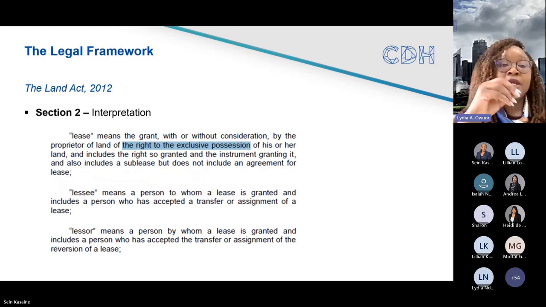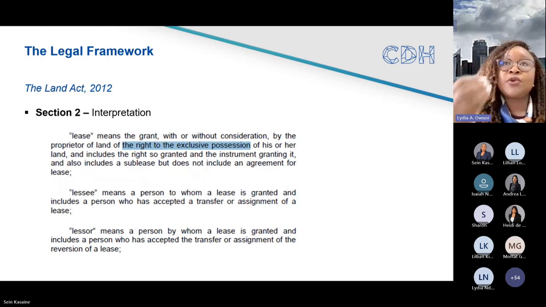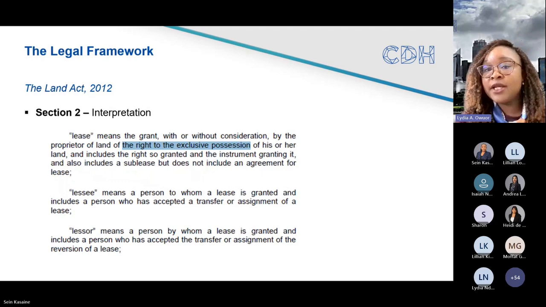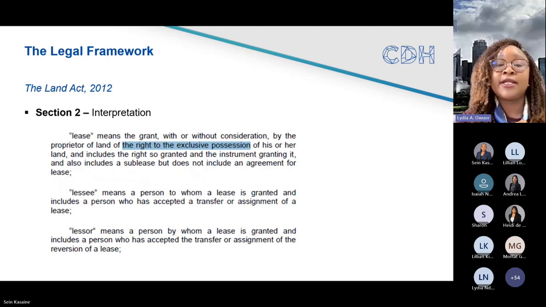Then further along, you see who is defined as a lessee, and a lessee is a tenant. So I'll be using these words interchangeably. Lessee means the tenant, lessor means the landlord. So the lessee means a person to whom a lease is granted. I've seen a comment on the chat asking whether the slides will be shared.